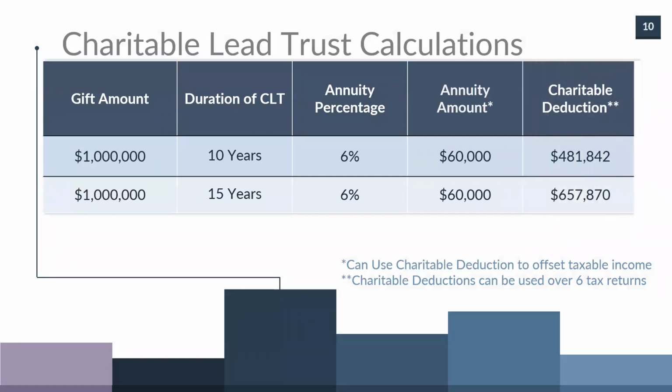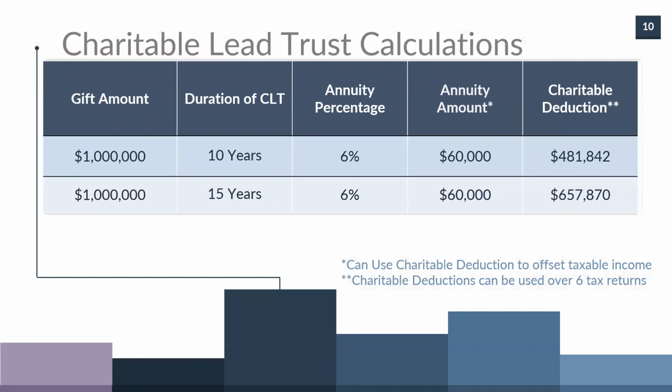Now, this trust is going to generate a large charitable deduction. That deduction is based off of how much money we're putting into the trust and how long the trust period is. So the longer the trust period, the bigger the tax deduction. It's also based off of the amount of the annuity payment, the percentage.